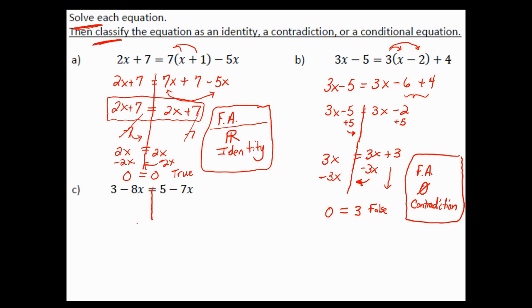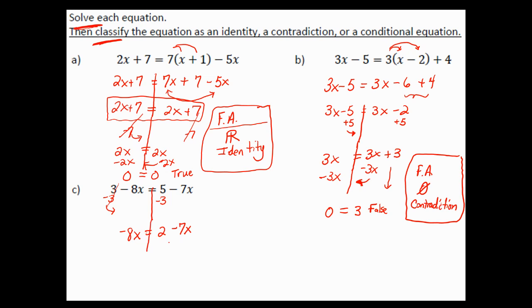For this one, I want my x's on the left, so I need to pop this number over. That's a positive 3. So I need to minus 3 to both sides. 3 minus 3 is 0. Be careful, this is what we call an embedded negative. Don't drop the negative, it's hooked to the 8. And 5 minus 3 is 2, and bring down the negative 7x.